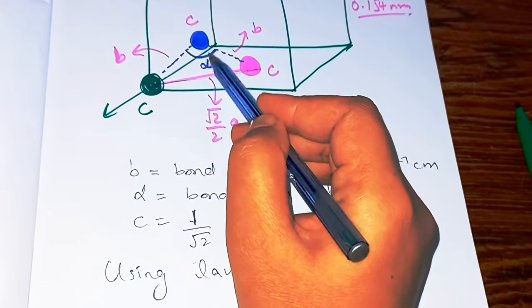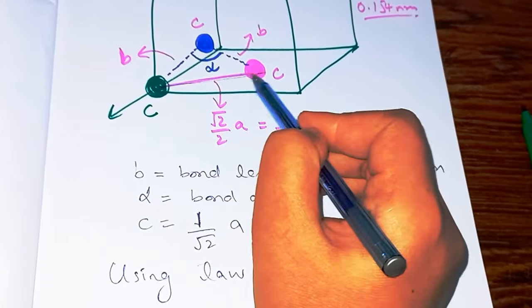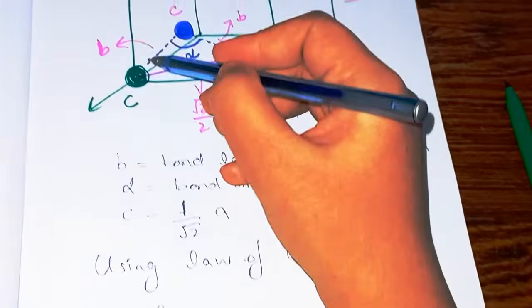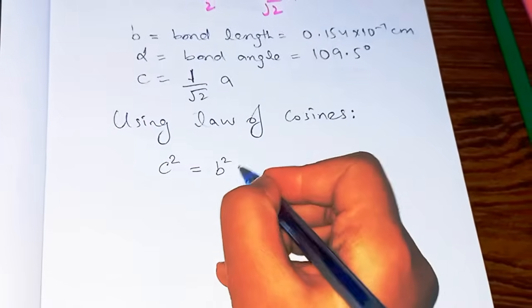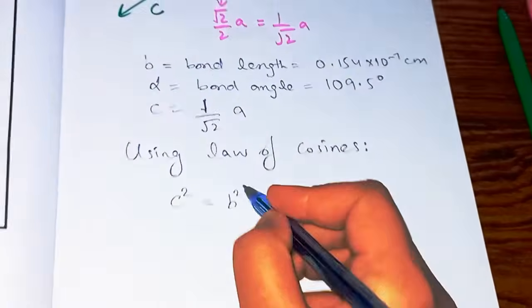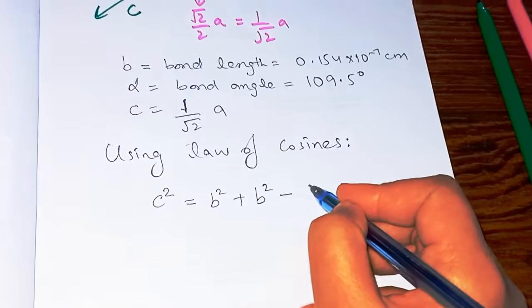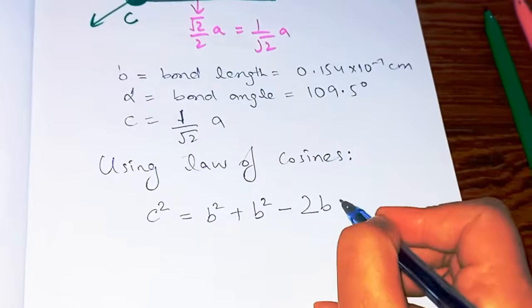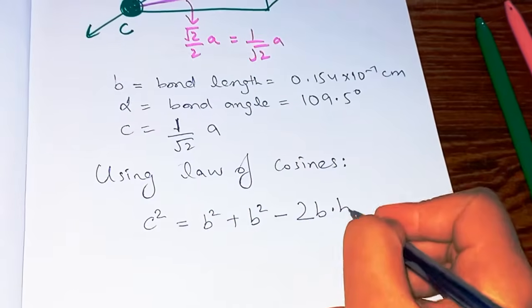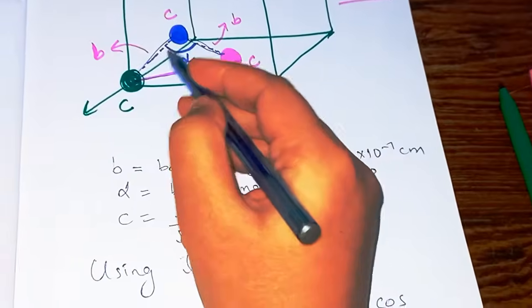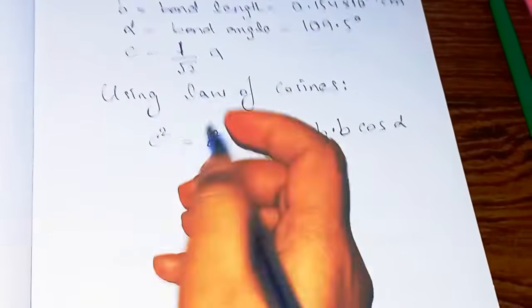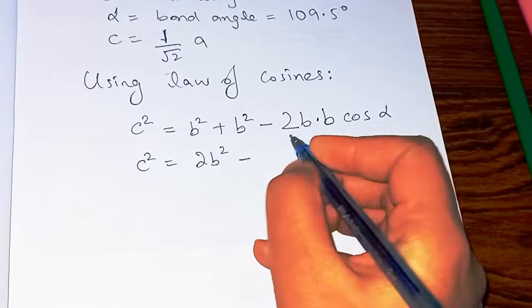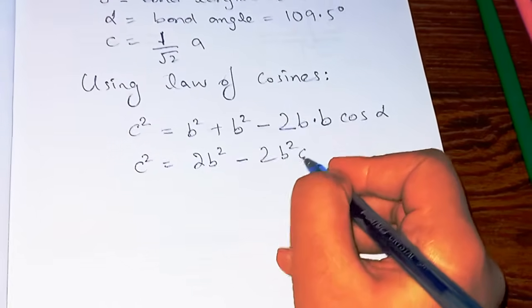Since we know this opposite angle, which is alpha, we'll take this side, and it is C. So C square equals the square of this side, which is B square, plus the square of this side, which is again B square, minus 2 times this length B times this length B, times cos of the angle between them, which is alpha. So this is the law of cosines. C square equals B square plus B square, which is 2B square, minus 2BB, which is 2B square, cos alpha.